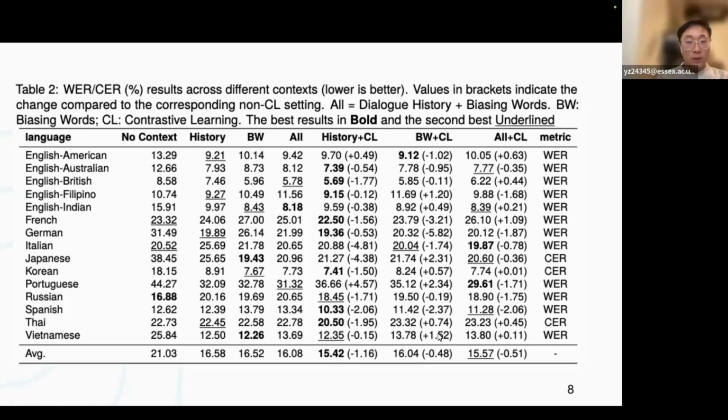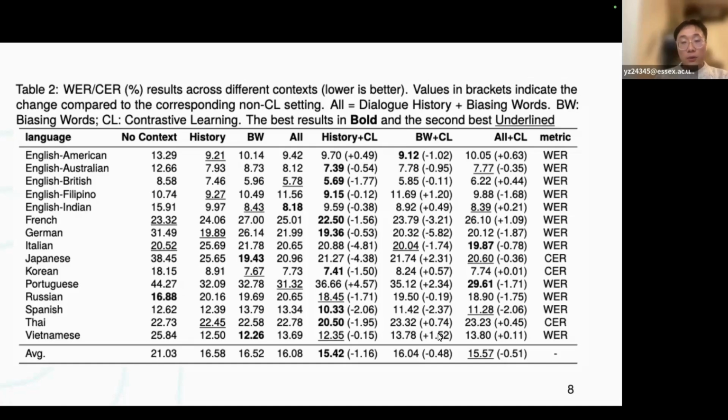No matter whether we add history or biasing words or combine them together, we have nearly 5% improvement on the average word error rate or character error rate. This proves that context information consistently improves performance for multilingual ASR.